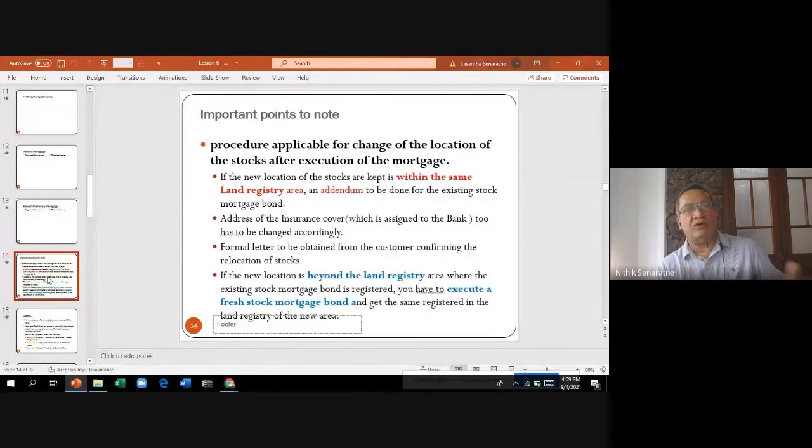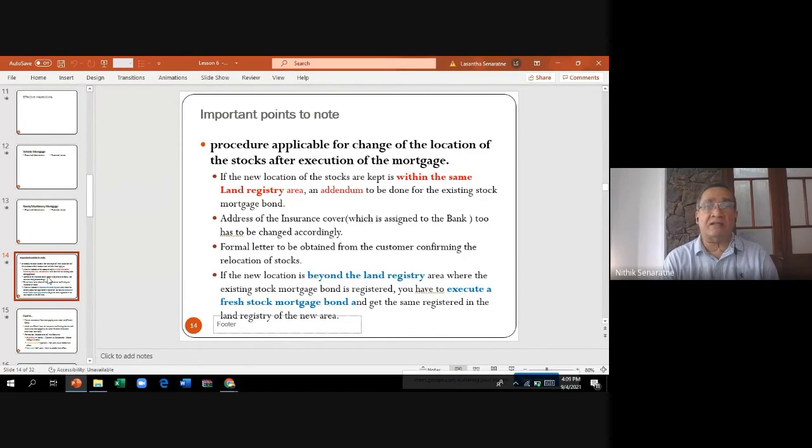So if you want to change the location of the stocks after execution of a mortgage, and the new location is within the same land registry area, an addendum is to be done for the existing stock mortgage. You are just changing the address in the same district, no problem. An addendum will do.